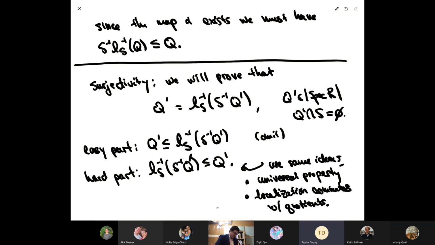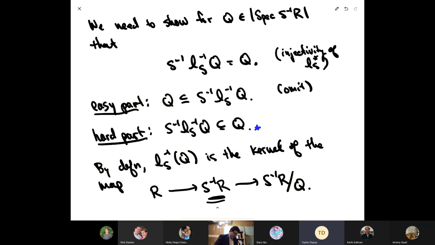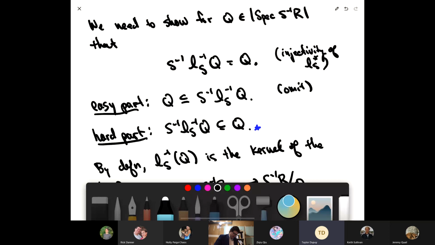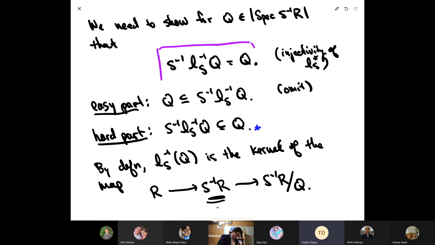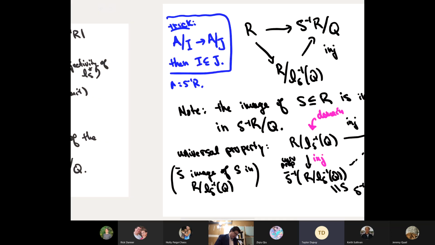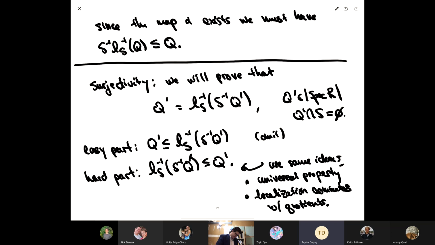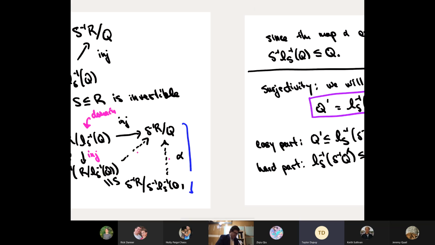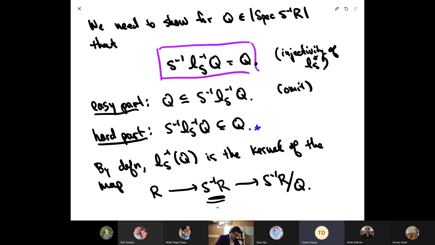Okay, so let's go back to what we showed. That was the first part; the second part is this one. We showed that if you localize one of these ideals and then take the inverse image under localization, you get the ideal back. We also showed that if you take one of the ideals of the local ring, take the inverse image and localize, you get the ideal back.